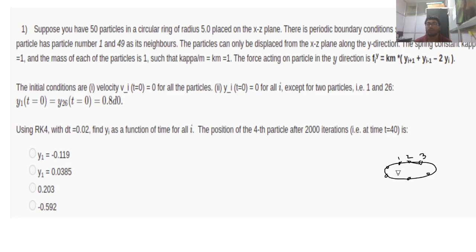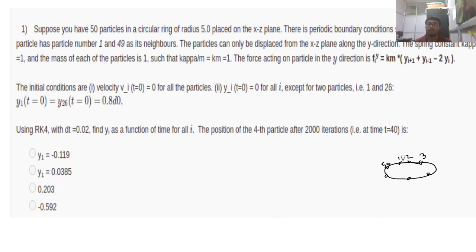But for the 50th particle, or the first particle, you cannot assign the nearest neighbors in the pattern given here. I plus 1 and I minus 1 are the nearest neighbors of the ith particle, except when I is 1 or 50, because then you have to apply the periodic boundary condition.